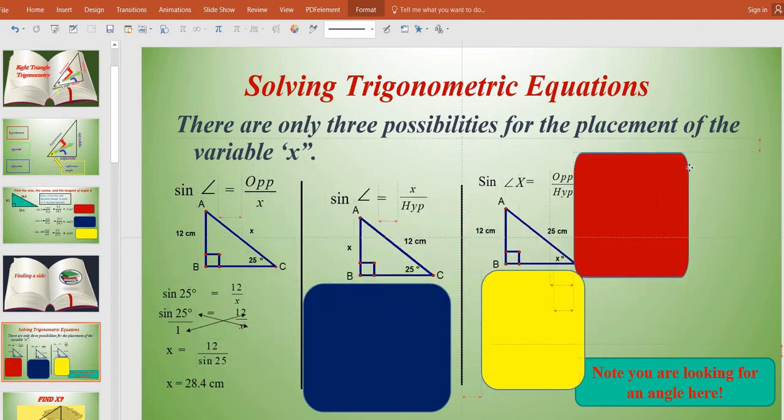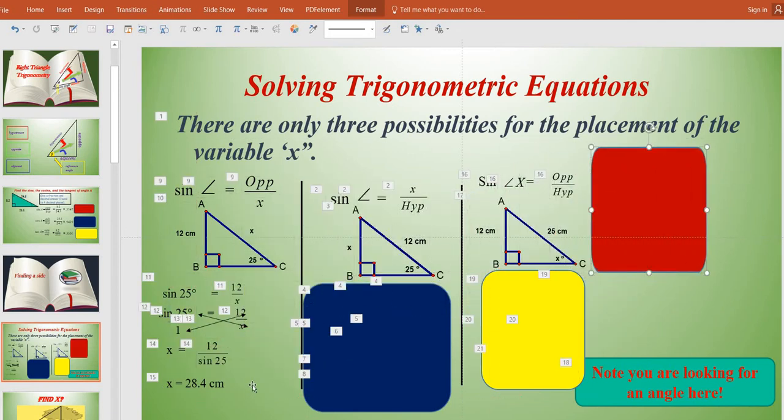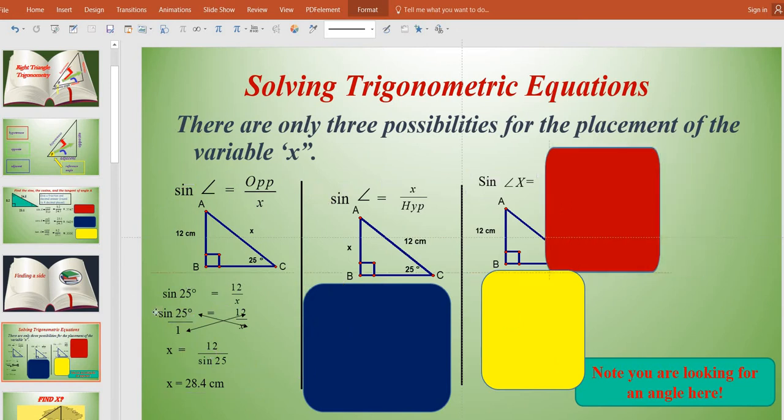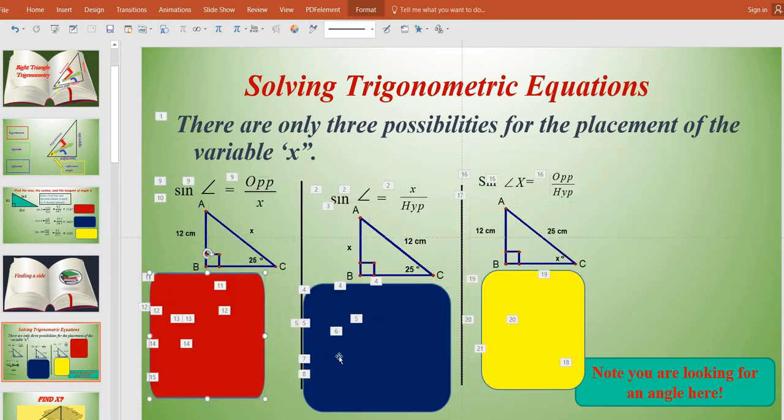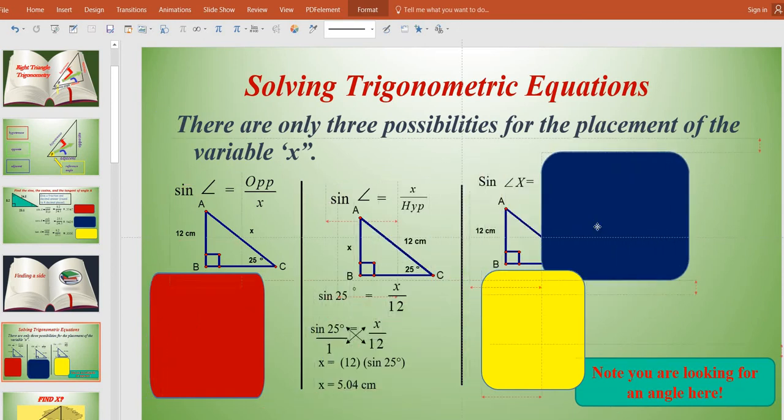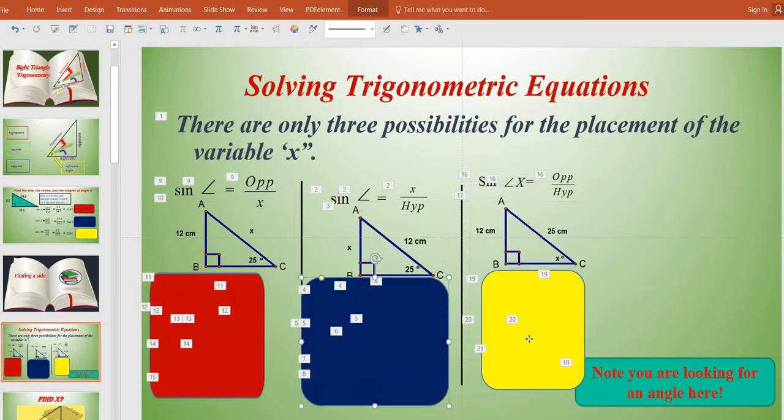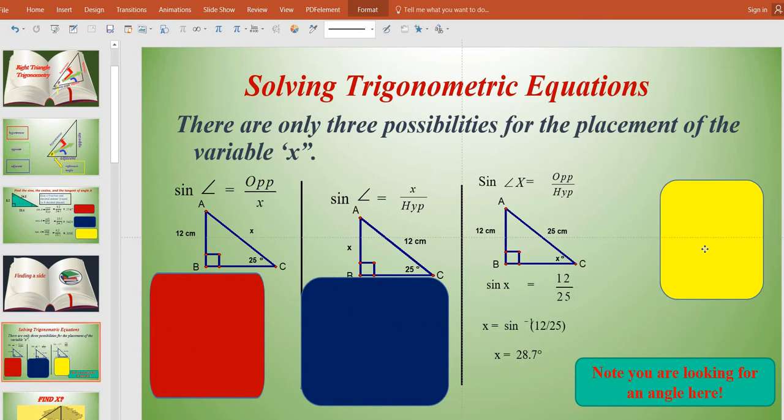The answer of the first one equals 28.4. Hide the answer. The second one, x equals 5.04. And the third one, x equals 28.7.